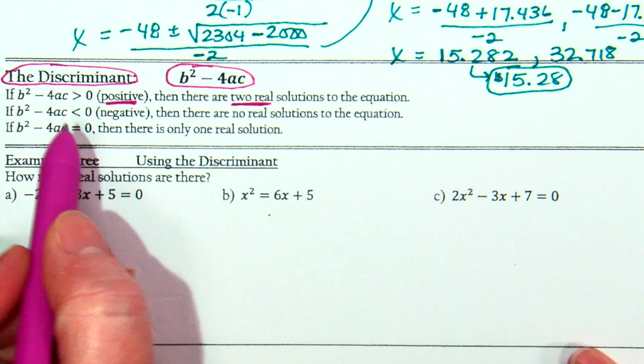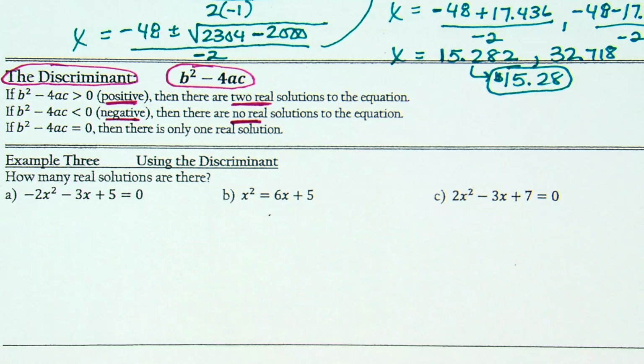However, if your discriminant, b squared minus 4ac, is less than 0, I mean negative, then there are no real solutions. If your discriminant is negative, that means you're taking the square root of a negative number.